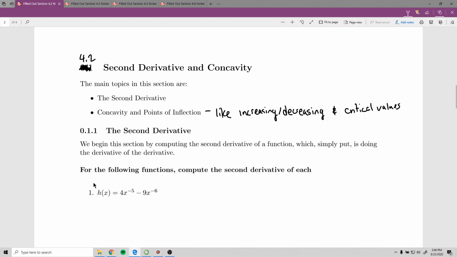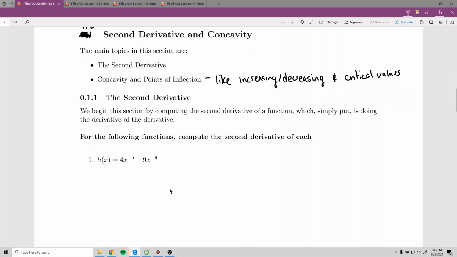So if you do the derivative of that result, then what you have is the second derivative. And you're actually allowed to do as many derivatives as you want in general. You never have to stop. As far as applications to business and even in the sciences go, you don't often go farther than the second, maybe third or fourth in some very rare examples.